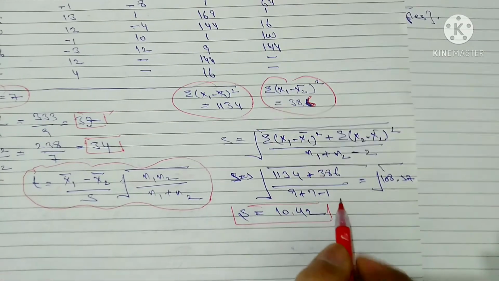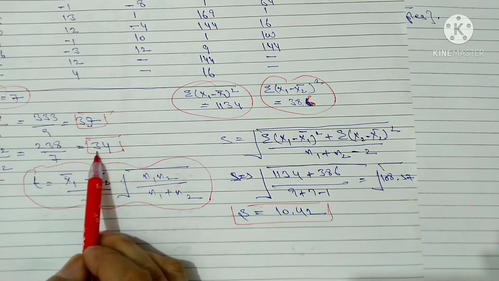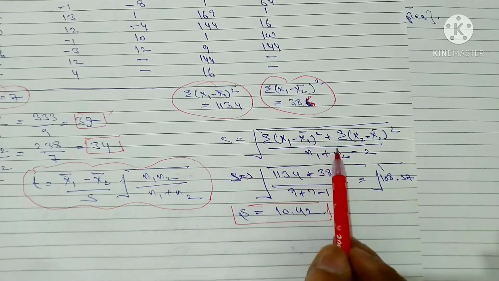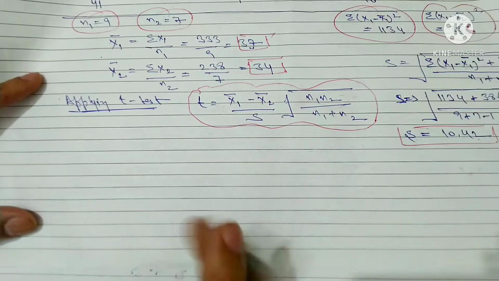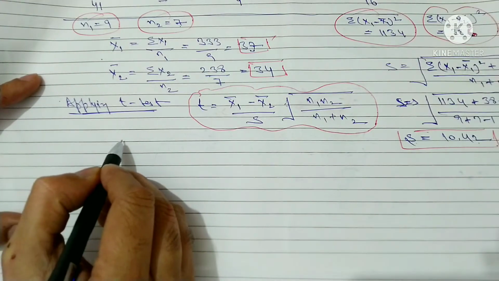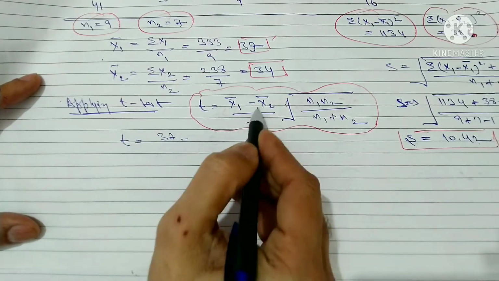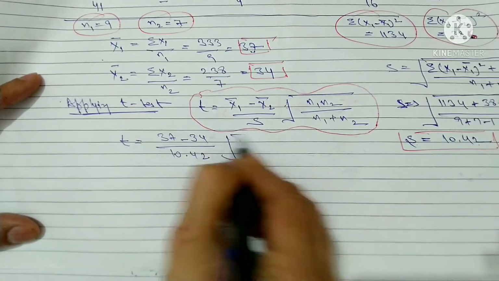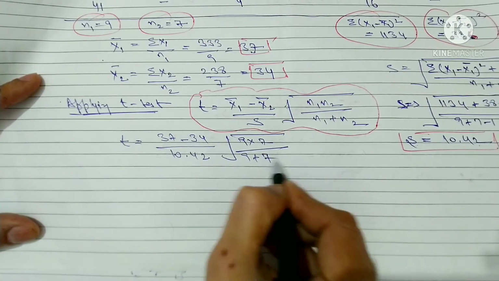Here standard deviation is from actual means. Our means of x1 and x2 are whole numbers or integers. That's why we are applying the actual mean formula. Standard deviation from actual means is 10.42. By putting all these values in t stat, we get value of t equals 37 minus 34, standard deviation 10.42, under root n1 is 9 into 7, over 9 plus 7.